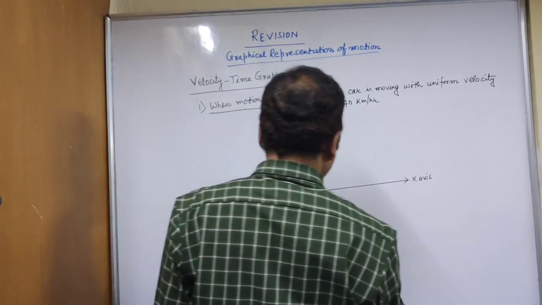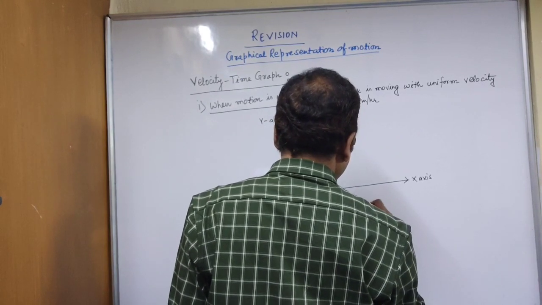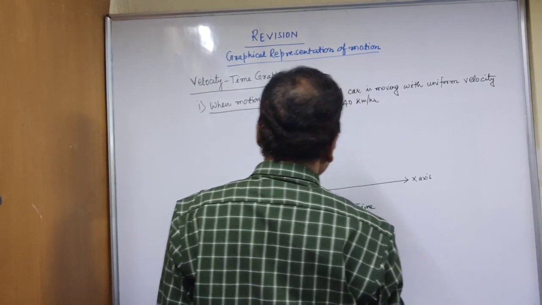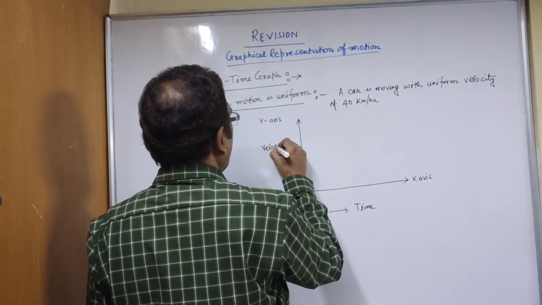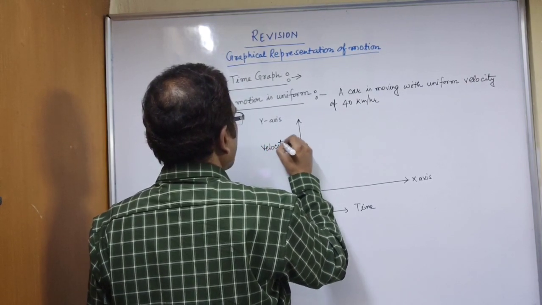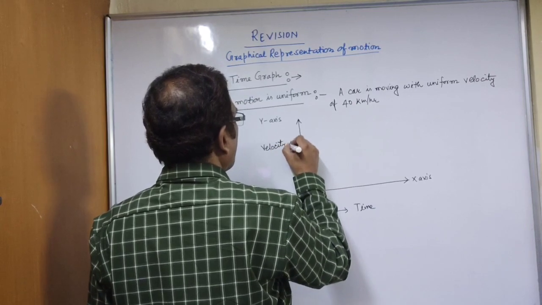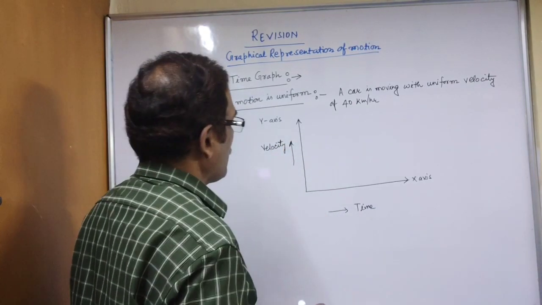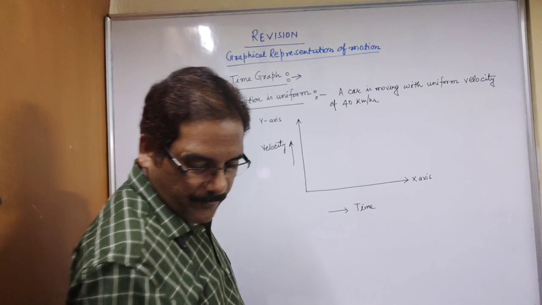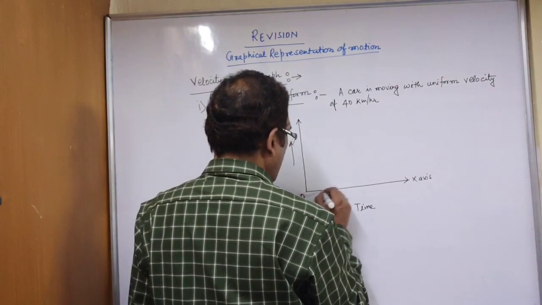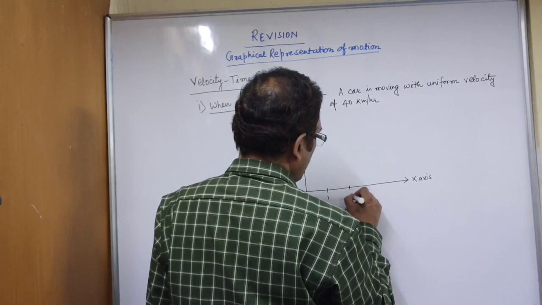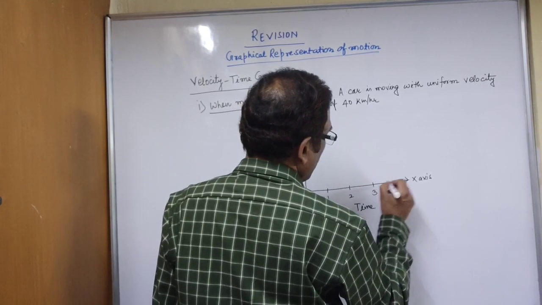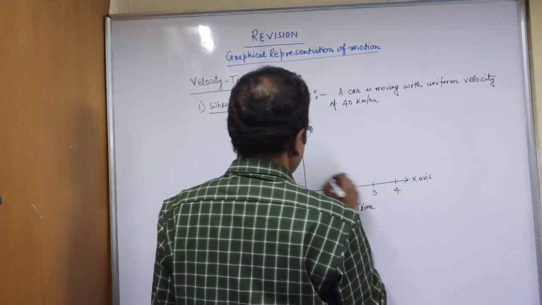We always take time on the x axis, and now we will take velocity on the y axis since we are talking about the velocity time graph. So you can mark the time. Suppose this is 1 second, 2 second, 3 second, 4 second, like this.